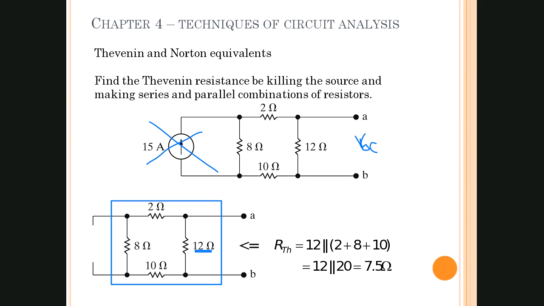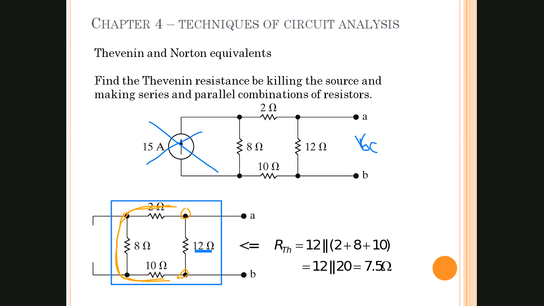If we look at this essential node and this node here, the 2 ohm resistor is in series with the 8 ohm resistor, which is in series with the 10 ohm resistor.